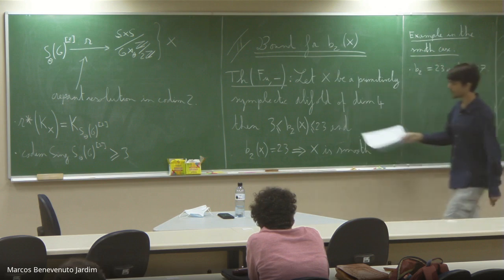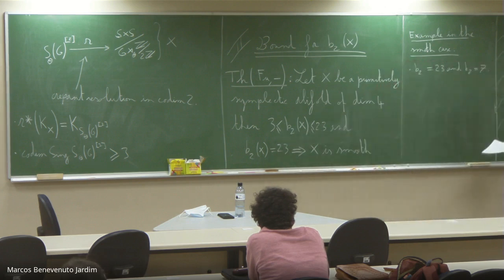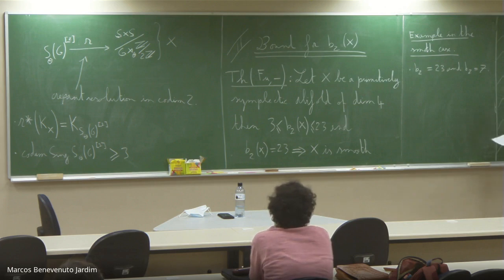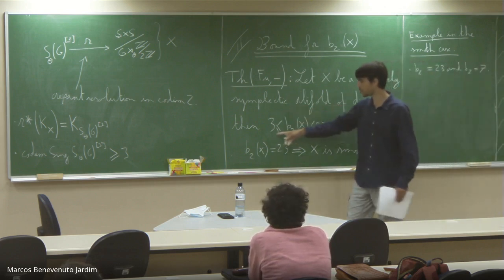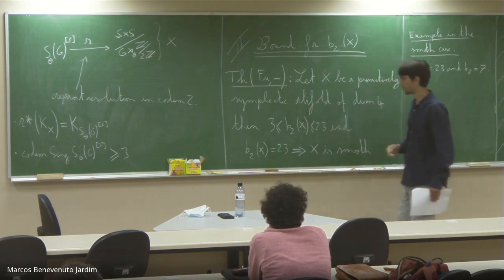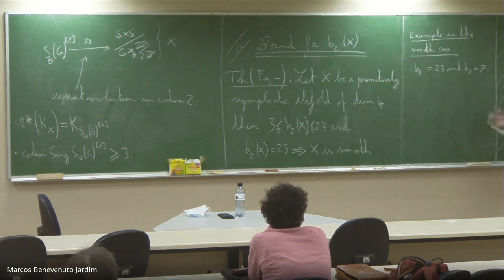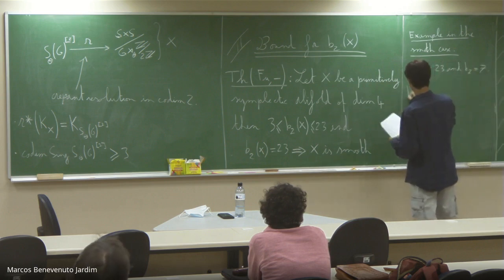So there are plenty of possibilities missing. One of the questions is, can we do something better in the orbifold case? Can we find examples for each Betti number in the orbifold case? I will answer this question at the end of my talk. Before, I want to give you a proof. So let's go for the proof.